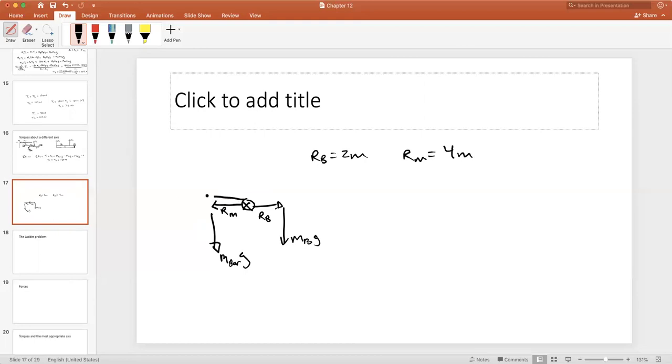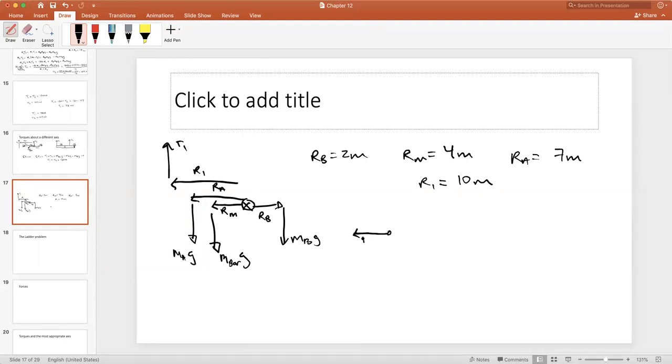And then I have R to A, which was MAG, and R to A was 7 meters. And then lastly, I have R1 to T1, and R1 was 10 meters. So drawing each of these torques, remember tail to tail.